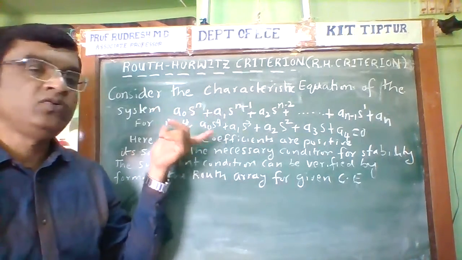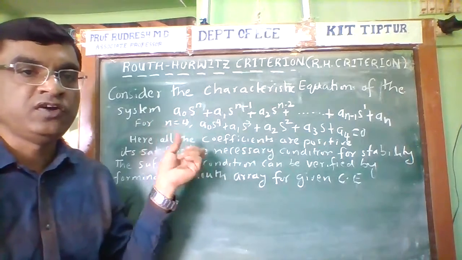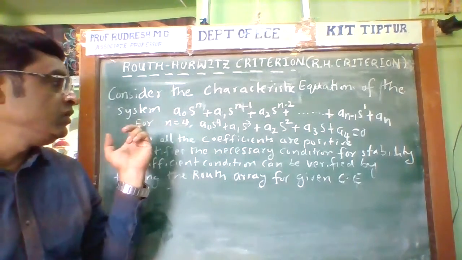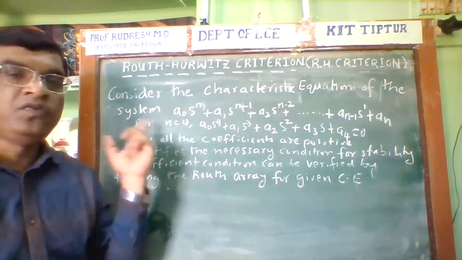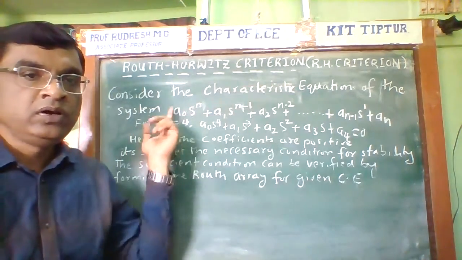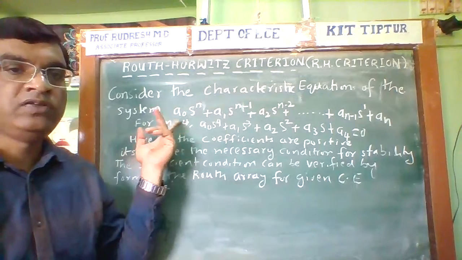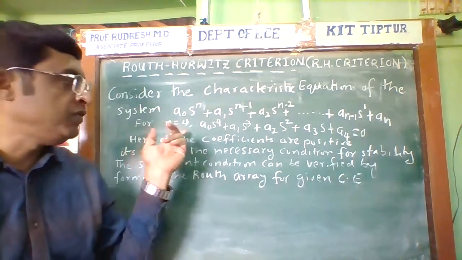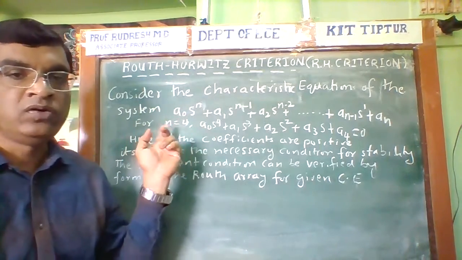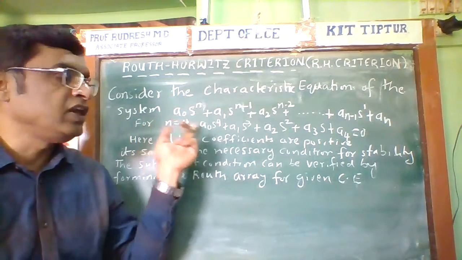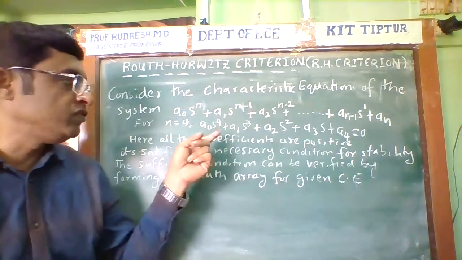To understand the concept, I am going to consider the fourth order only. n can be 4, 5, or 3, any value. For n equal to 4, the characteristic equation becomes a fourth order equation.